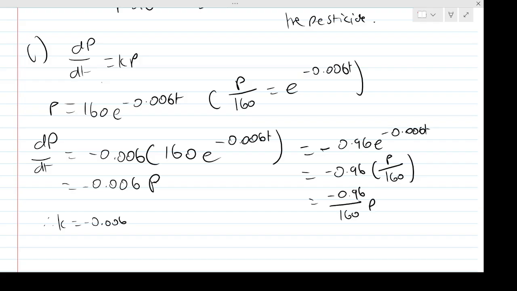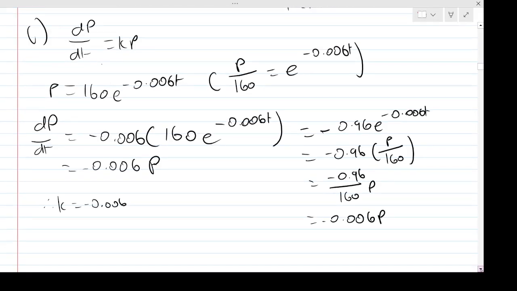If we work that fraction out, you indeed get minus 0.006p. So we can still get the same answer. If we did simplify it before you looked at the answer, you can do it either way. But there we are, that's k.